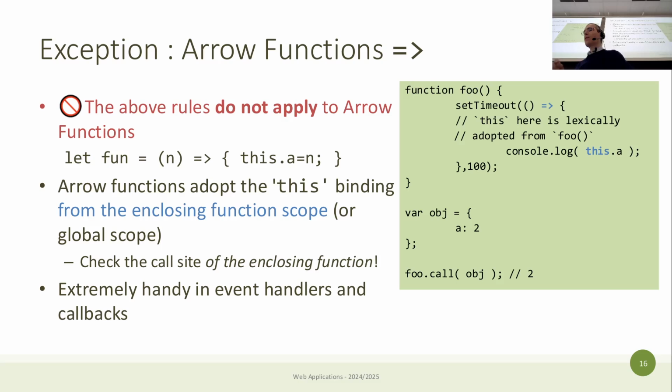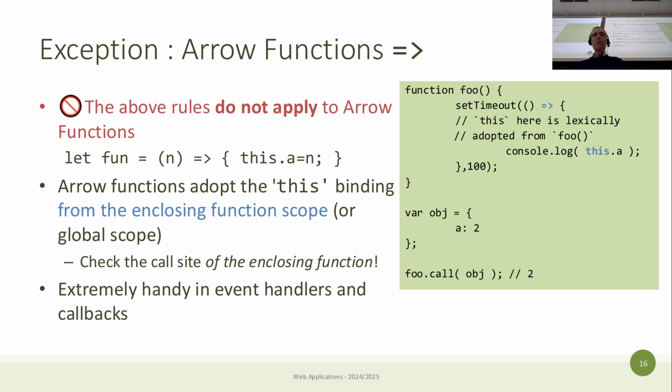They are not just a convenient way to define a function, a nicer syntax with the arrow, but they also behave a little differently about the this. So arrow functions adopt the this binding from the enclosing function scope, or if there's no enclosing function, from the global scope. So we need to go back to the enclosing function and see what is the this value for the enclosing function.